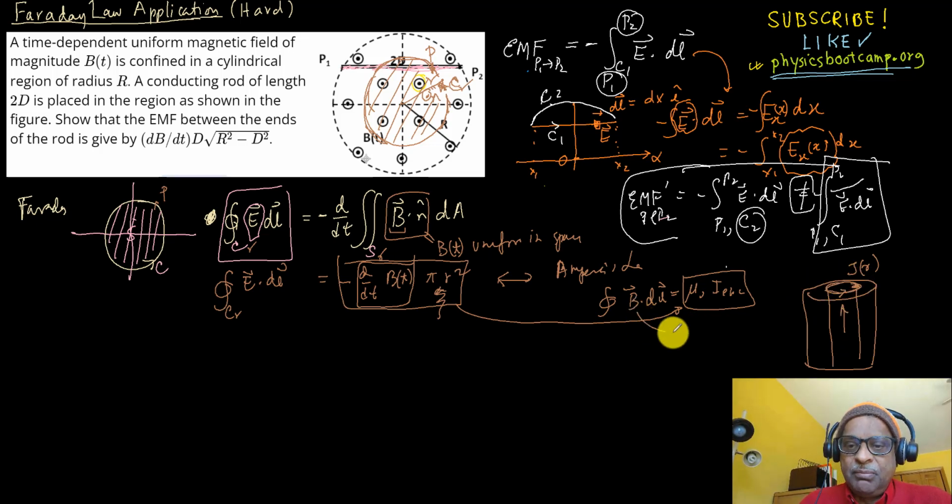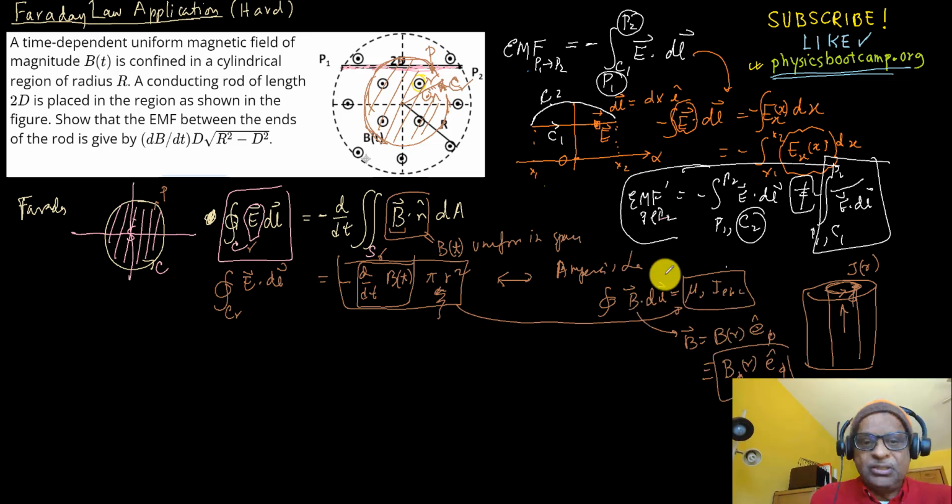So the B here was some B at distance r, and it had phi direction. This is the phi direction going around. So this is like a B phi component, B hat phi.